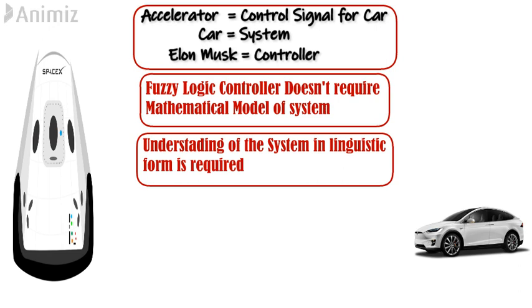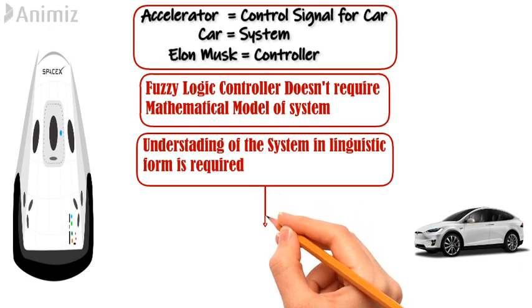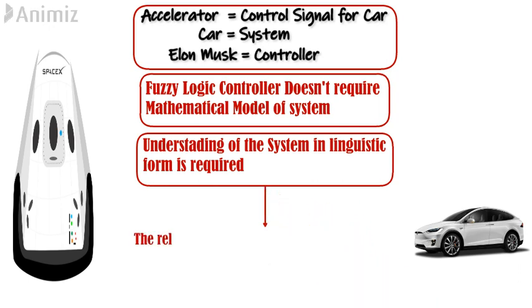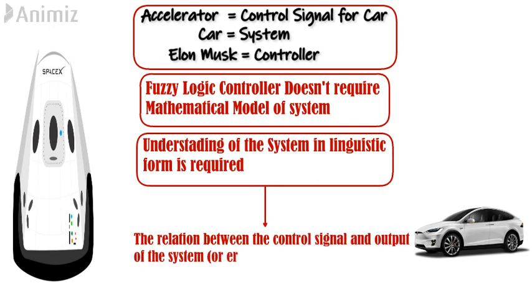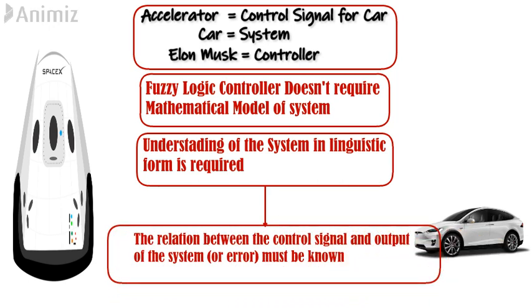In other words, the relation between the control signal and the output of the system must be known to you. That is, with an increase or decrease of the control signal, the error or the desired output increases or decreases. If you have this much detail, then with very little knowledge of the system, you can design the controller for it.